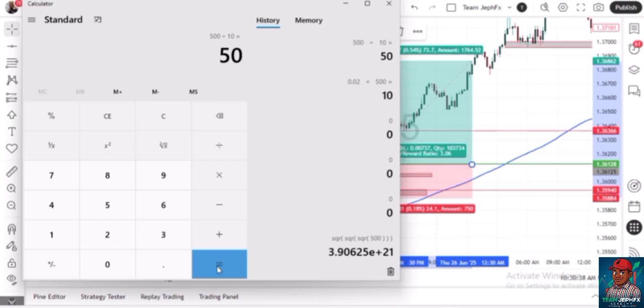The second thing we discussed is your risk to reward ratio. Whatever you are risking, you must be targeting a minimum of at least 2 times what you are risking. And lastly, you must not risk more than 1% or 2% of your capital as a newbie.